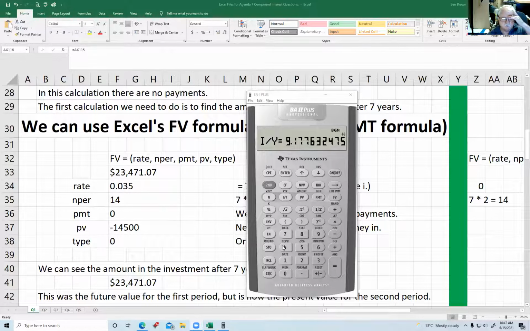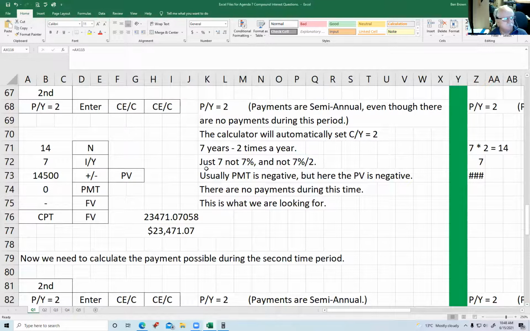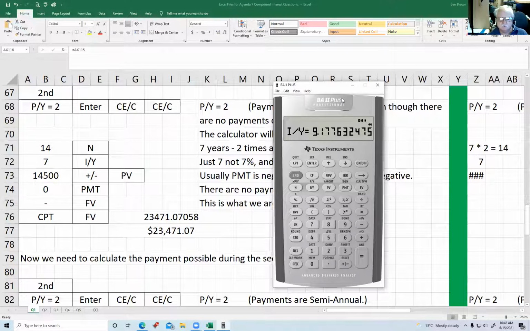Yes, I'm just gonna find my calculator. Okay, so you can see the calculator, and notice I've got BGN up.